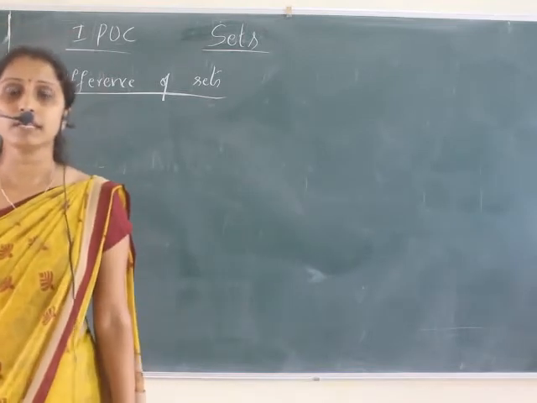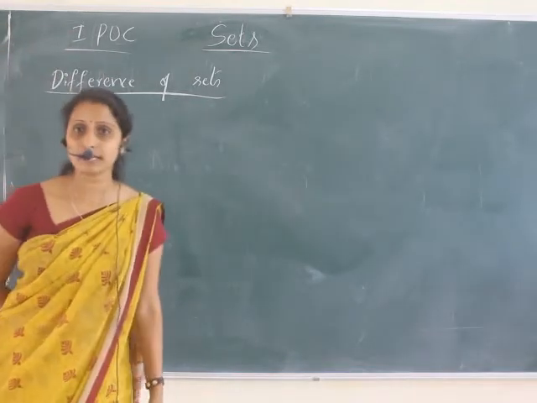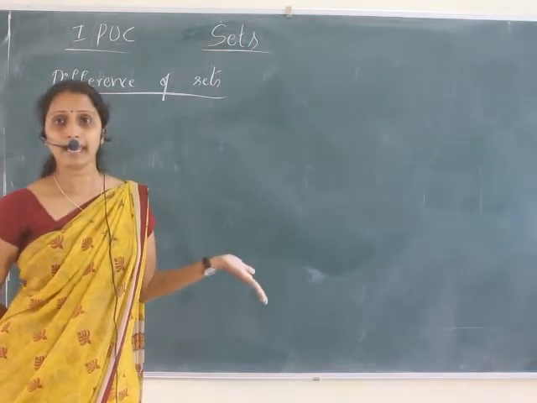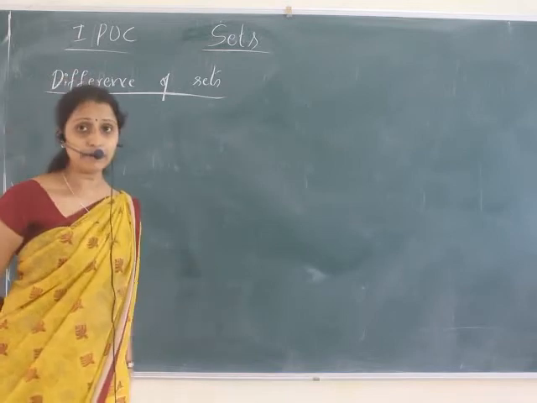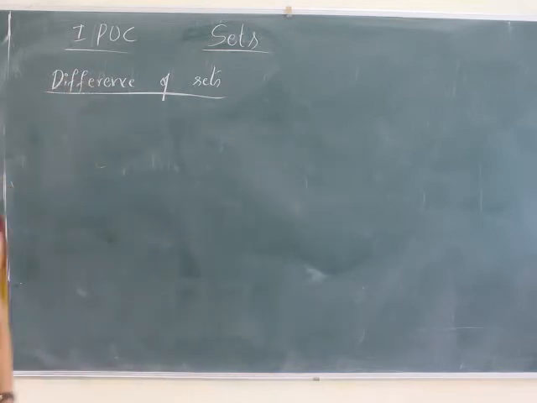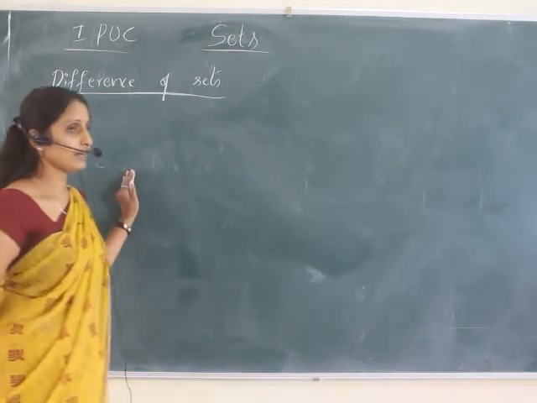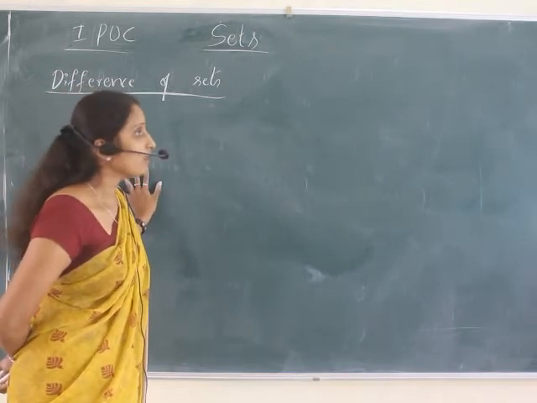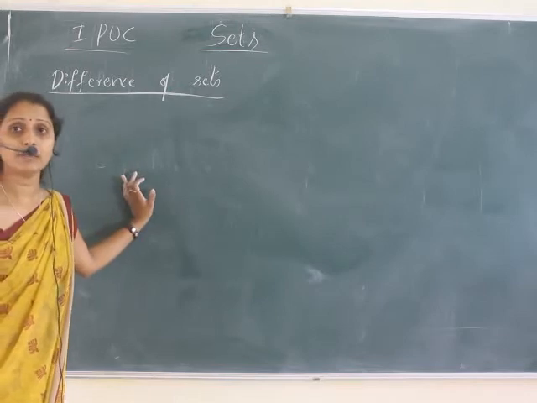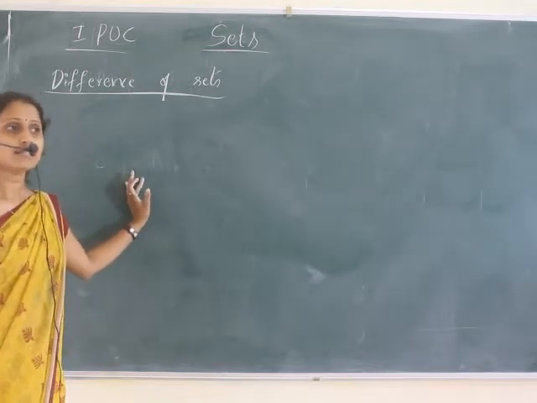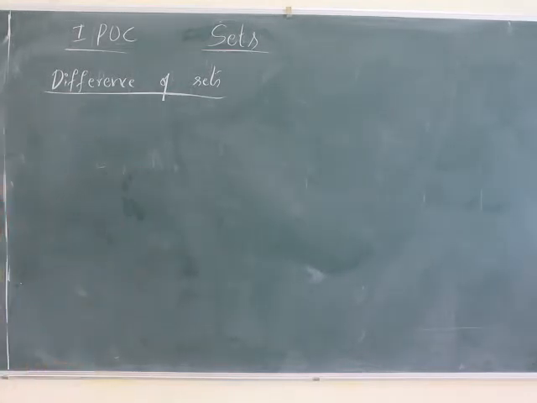Now difference of a set means if A and B are any 2 sets, then the difference of A by B, that means the set of all elements of A which are not in B. Only the elements of A which are not in B is called the difference of A in B.